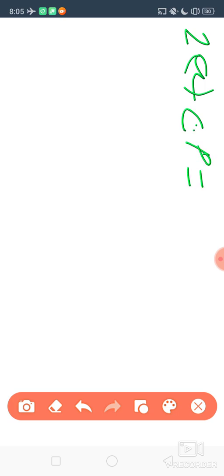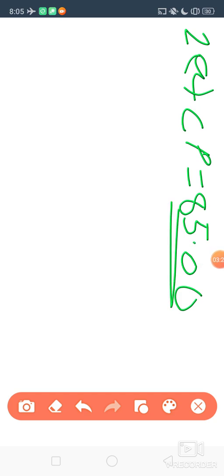So question number 2A, what is given? Cost price is given. How much is it? 85.00. It means 85 only. After the decimal, the 0 has no meaning. So cost price is 85 rupees.